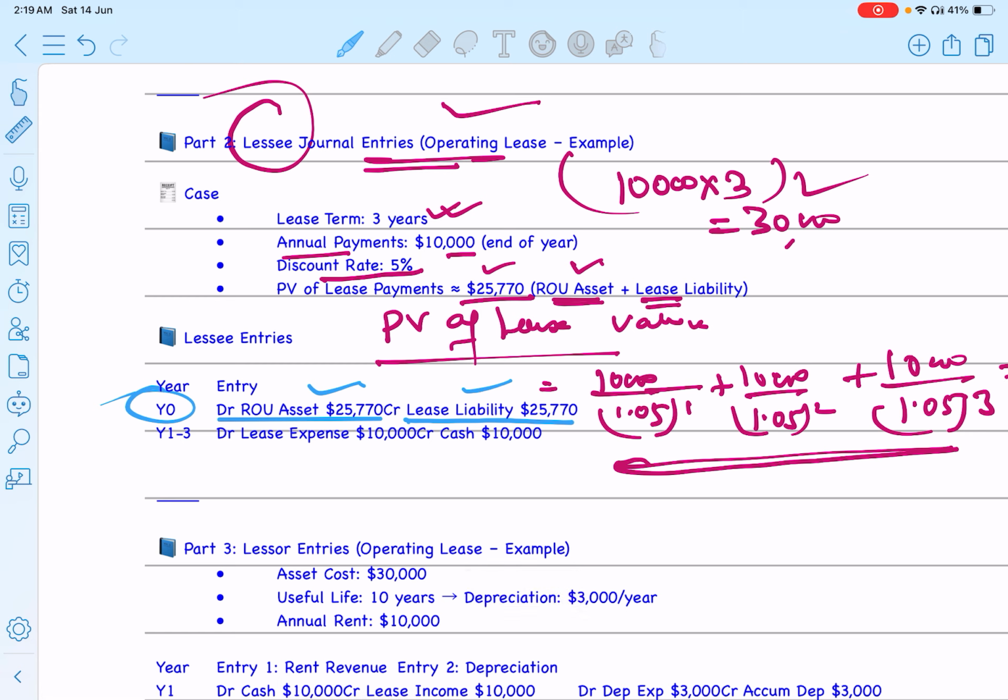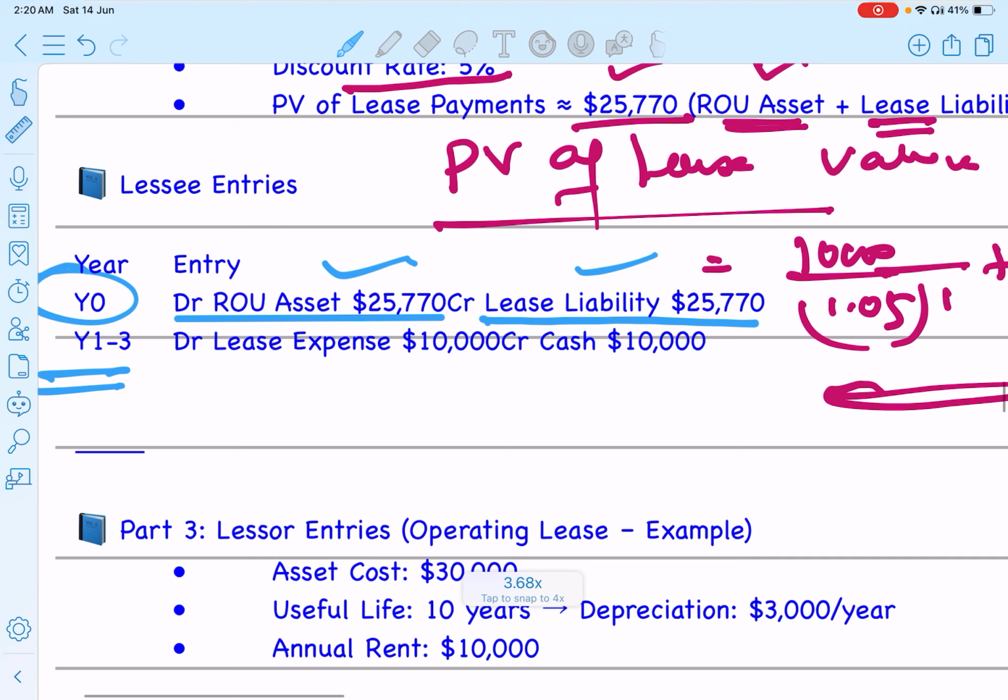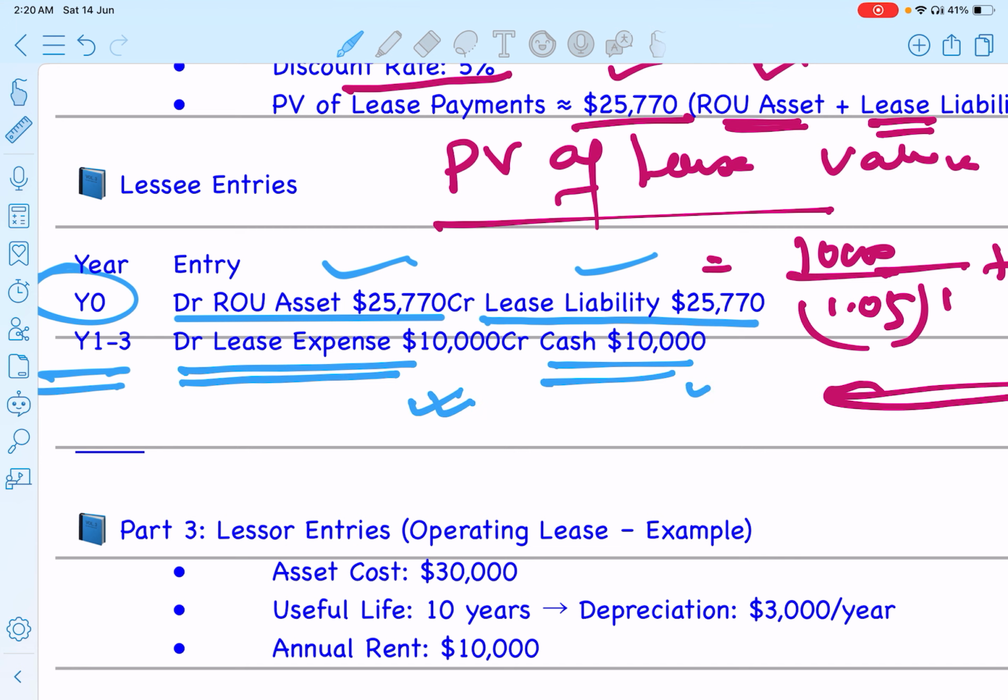So you recorded the ROU asset and the lease liability. Then at the end of year 1, you need to start recording the expense. So lease expense is debited and cash is credited. It means that you paid the annual rental of the equipment and your cash is an outflow.